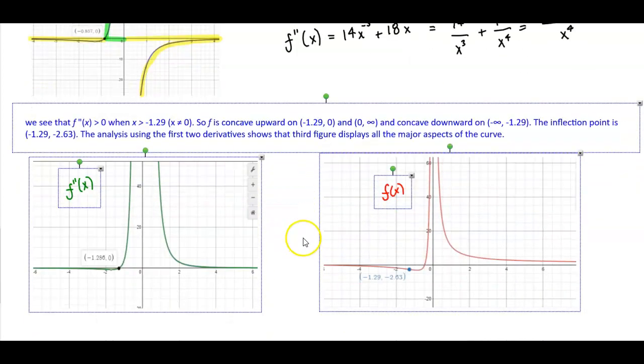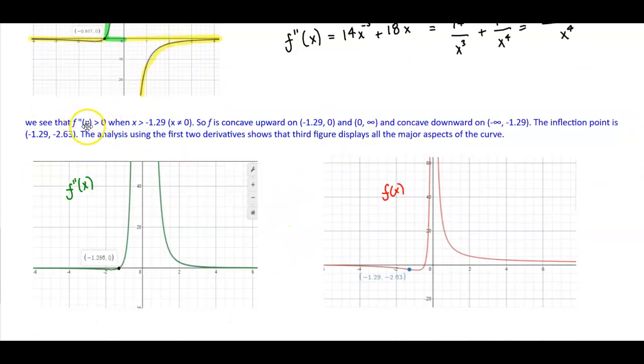So what can we look at here? We can see that the second derivative is going to be above the x-axis, or greater than 0, when x is greater than -1.29. So here we can see when x is greater than -1.29, this function is above the x-axis. What that means is that it's going to be concave upward on the function.